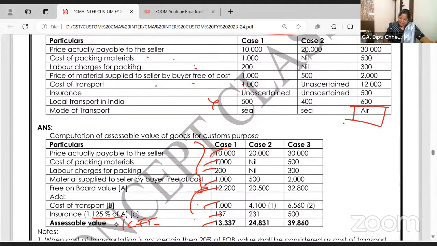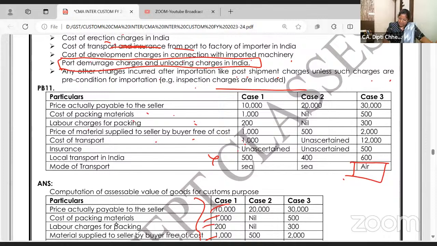Same way for case 2. Okay. Case 2, look, 20,000. Then we have also supplied some material, 20,500. Will you take the local transport? No. Now both are not given. So transport, how much can we take? 20%. Insurance, how much can we take? 1.125%.